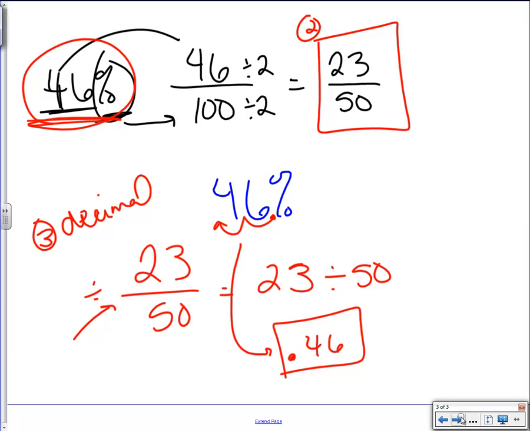All right, let's look at another one. Instead of starting with a percent, we're now going to start with a fraction. Okay? So I don't have a denominator of 100, so it doesn't look like a percent like we've been talking about. So I need to move right along here in the only way that I know how. I know that I'm going to need a decimal, and I know that I will need a percent.